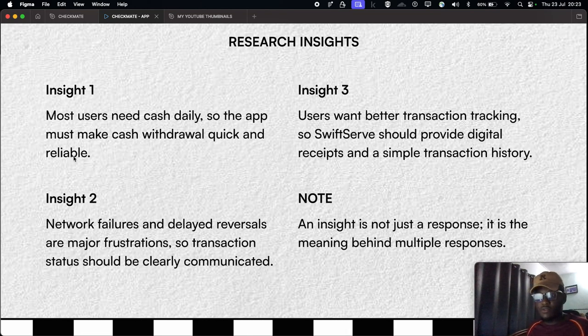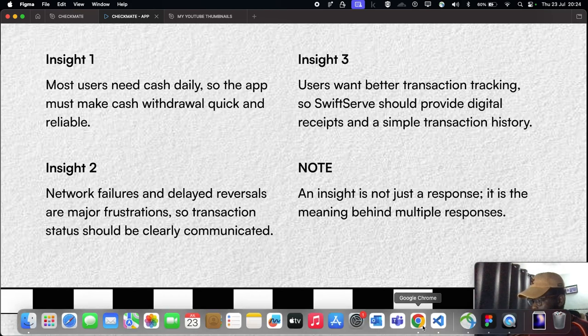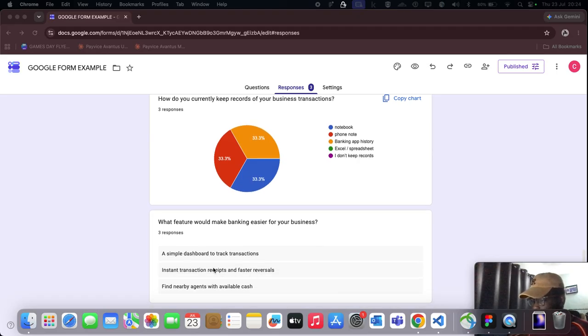Another insight we have gotten from this research, or from this analysis that we have done, is that network failures and delayed reversals are major frustrations for users. So you remember that part where, let me go back to it so you guys can all see it. Okay, so we can see from here, when I asked what feature would make banking easier for your business, somebody said instant transaction receipts and faster reversals.